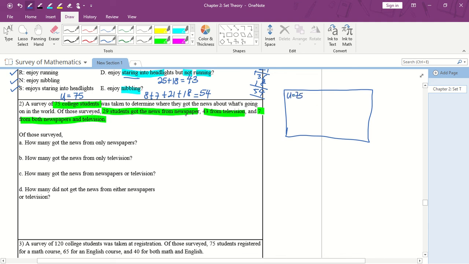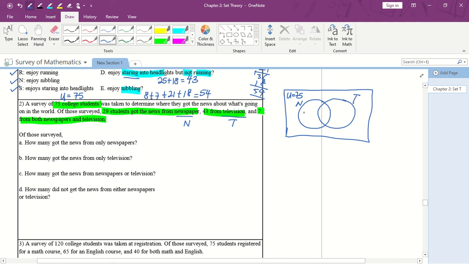One is about newspaper and one is about television. So let's assume that newspaper is N. Let's assume that television is T. So we have two, one is N and another one is T. But do these two sets intersect? Yes, because it's both newspaper and television. So it will be here.